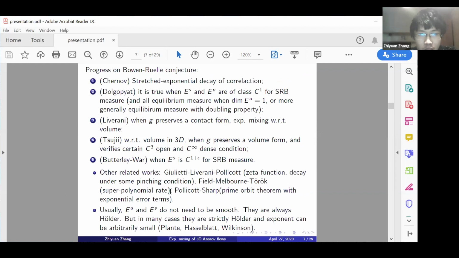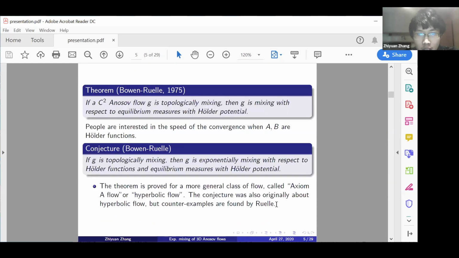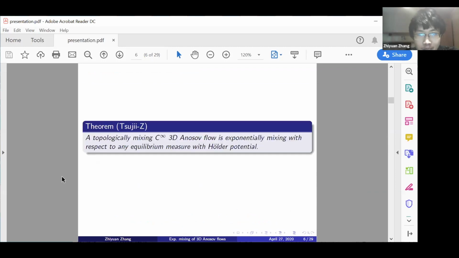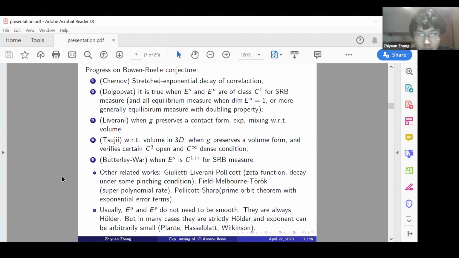Then, if you consider only super polynomial rate of decay, there's a work of Field, Melbourne, and Török. They show that under a generic condition you can have this. And this generic condition is necessary because, as we said, there is a counterexample for Axiom A flows by Ruelle. There are a lot of counterexamples for Axiom A. Then Pollicott and Sharp showed the prime orbit theorem using Dolgopiad's estimate with this exponential error term.